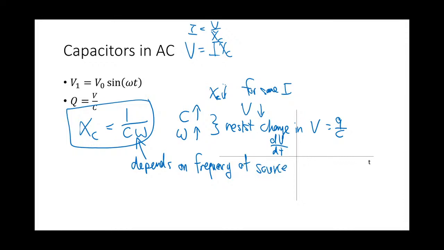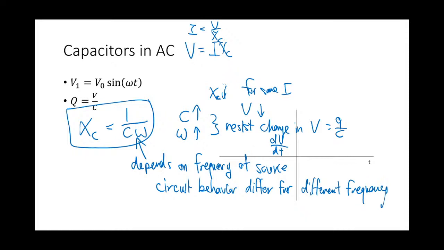So depending on the frequency of the source, the circuit behaves differently, which is something we haven't seen in DC, of course. There's no frequency in DC. So that's an important point to make there.